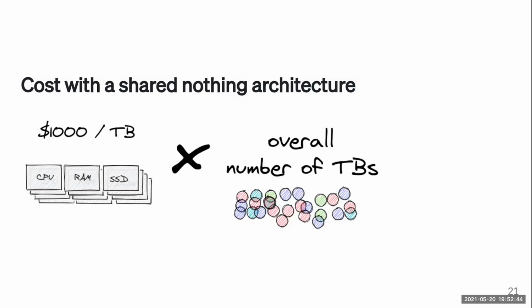It's not great, because where is the thing where multi-tenancy is cheaper? Something that is linear with the number of terabytes is good, but the terabyte should only be paying for the storage, right? Something feels wrong here. Having more tenants is not making things cheaper.